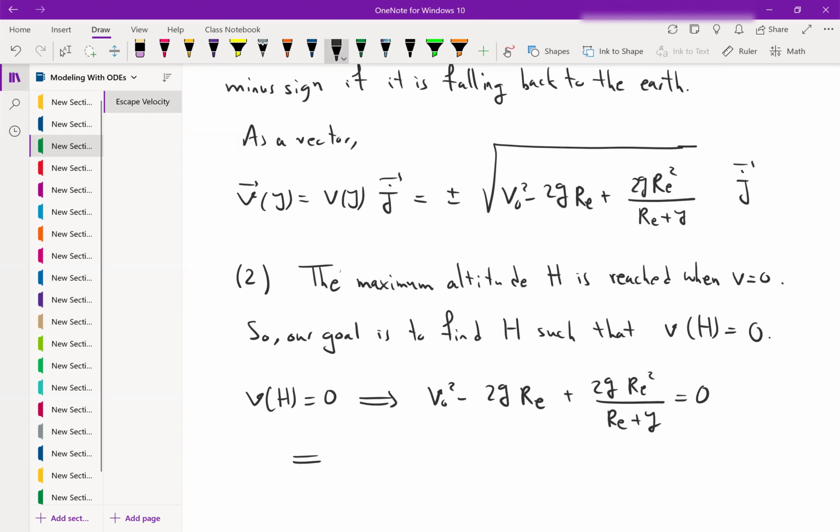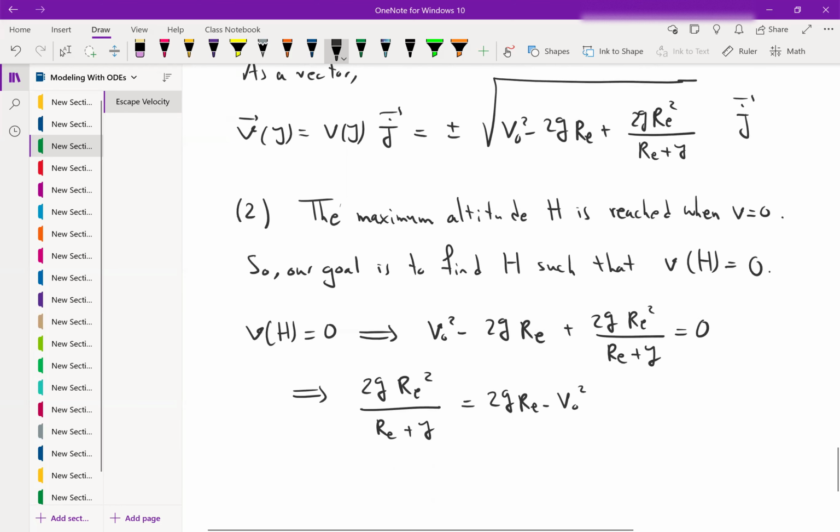So let me bring the first two terms to the right, leave the last term on the left. This tells me that 2g re squared divided by re plus y is equal to 2g re minus v0 squared. Okay, so far so good.